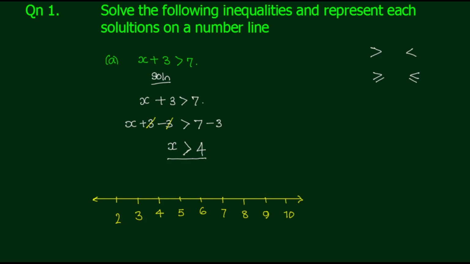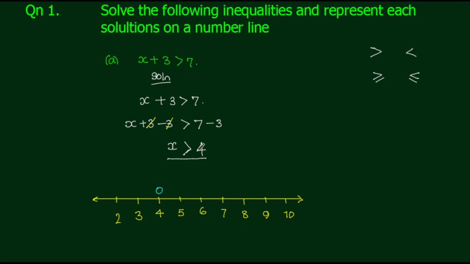So let's come here to where 4 is, and we give a circle. One thing I did not talk about is that when you have greater than or less than, while representing the number on a number line, we leave a circle which is open, or a hollow circle, just like this.